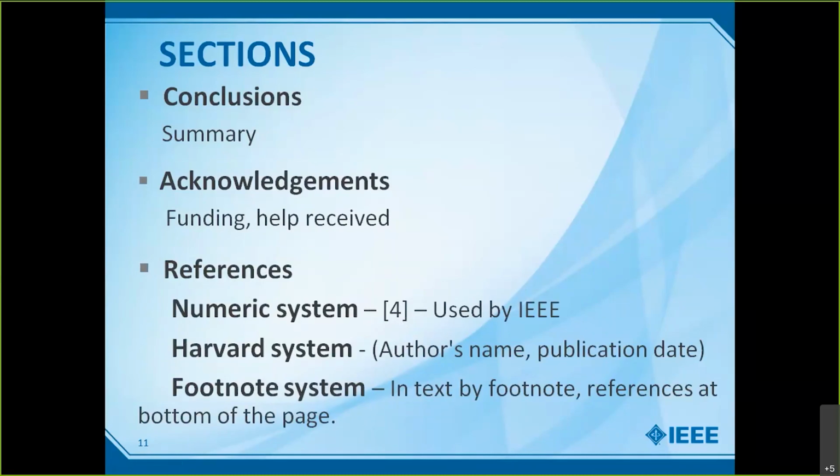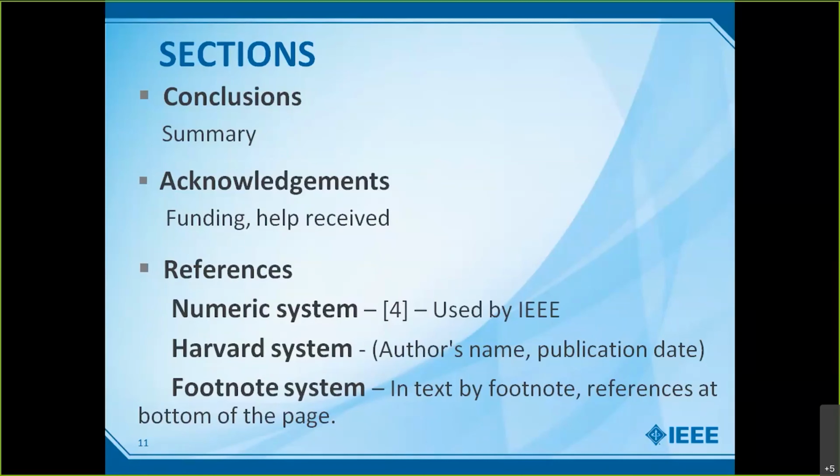IEEE doesn't use Harvard system where the name of the author and the publishing date is included in the text itself, and at the back they will list the papers alphabetically using the names of the authors. Footnote system is again used by some journals where your reference is included in the footnote, below.